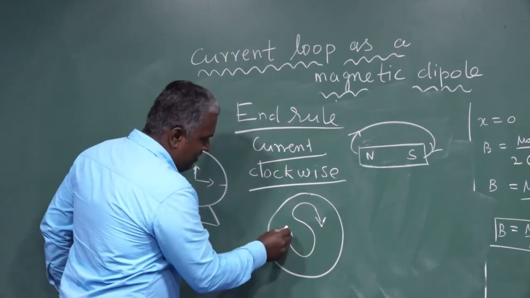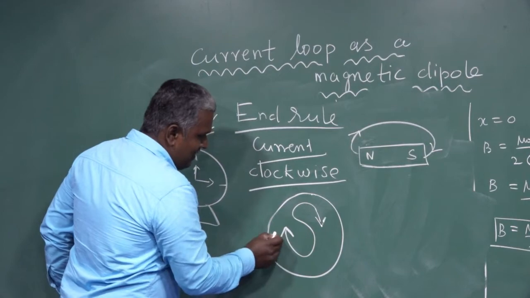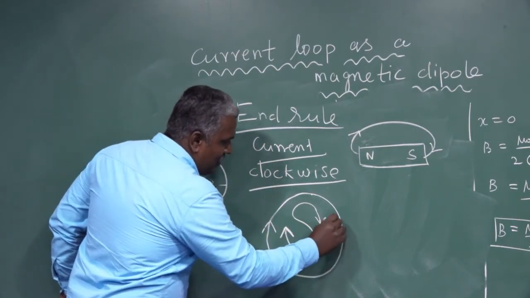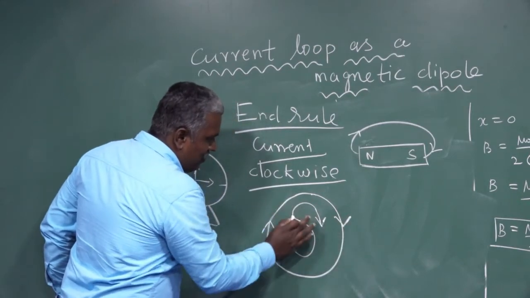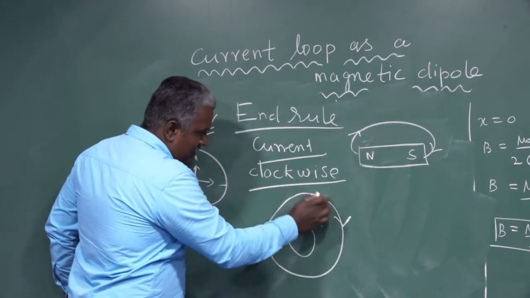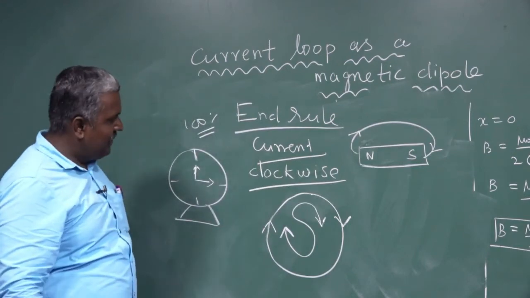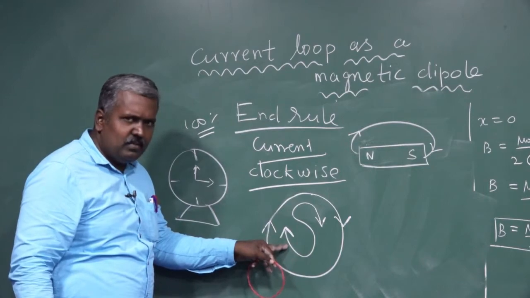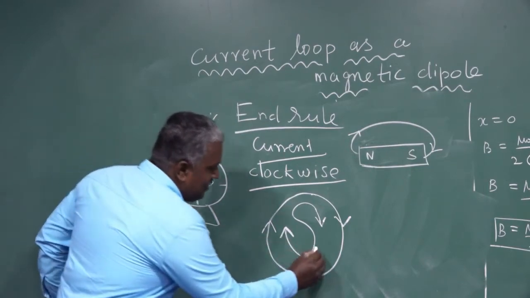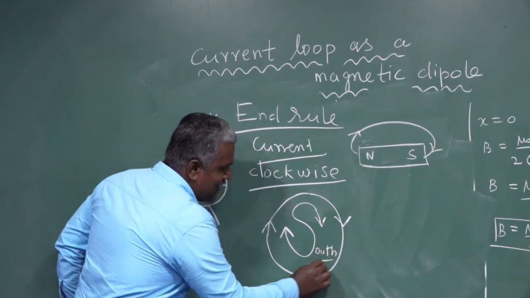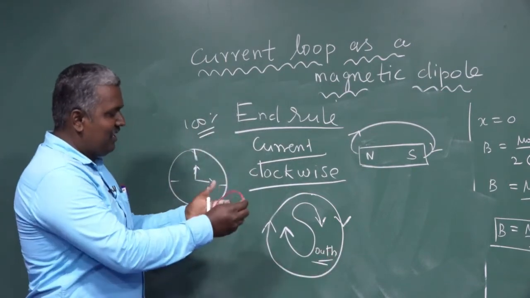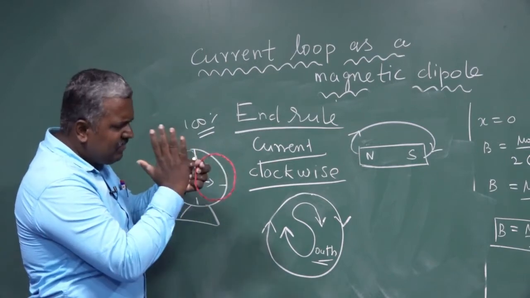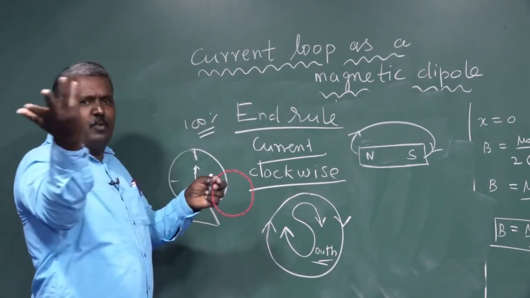Draw one circle with an arrow mark, like this. This is the clockwise direction. Correct? Current in the clockwise direction. The symbol is south. So if the current is in the clockwise direction, the nearer end is the south pole and the other end is the north pole. That's all.